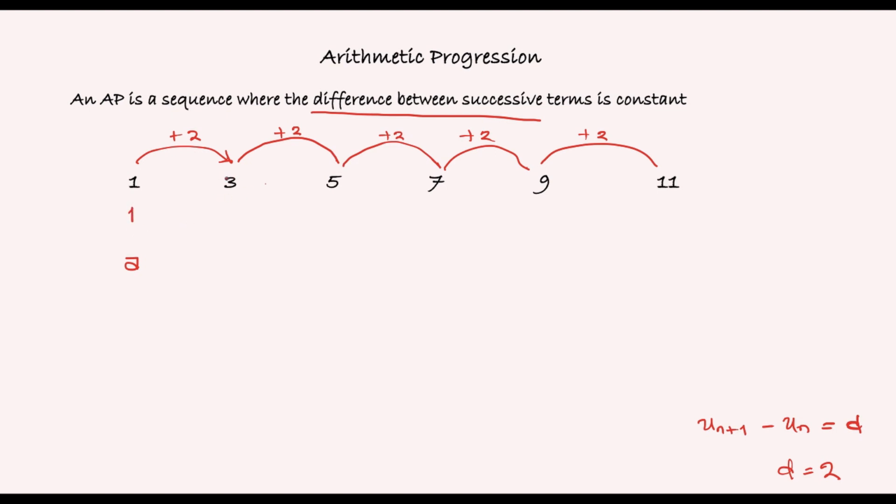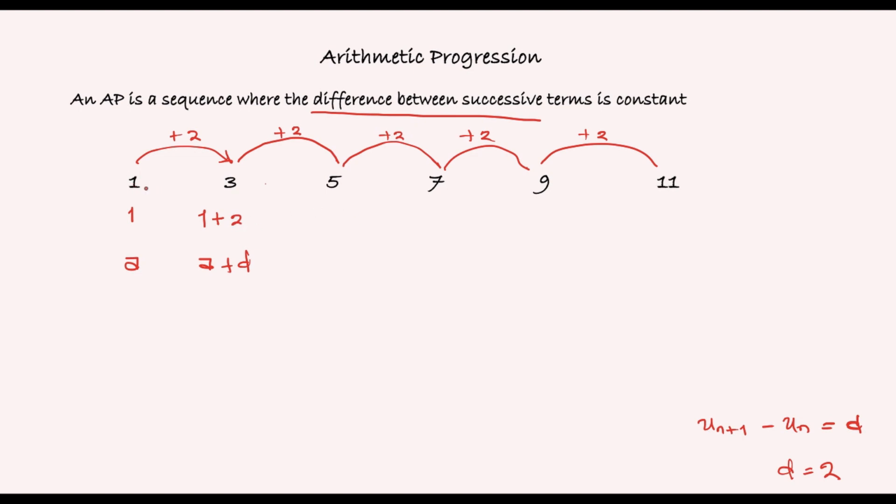But what if we move to our second term? To get our second term, we would have to add our first term, which is 1, plus 2, which is the common difference. So algebraically speaking, this is going to be a, which is our first term, plus d, which is the common difference.